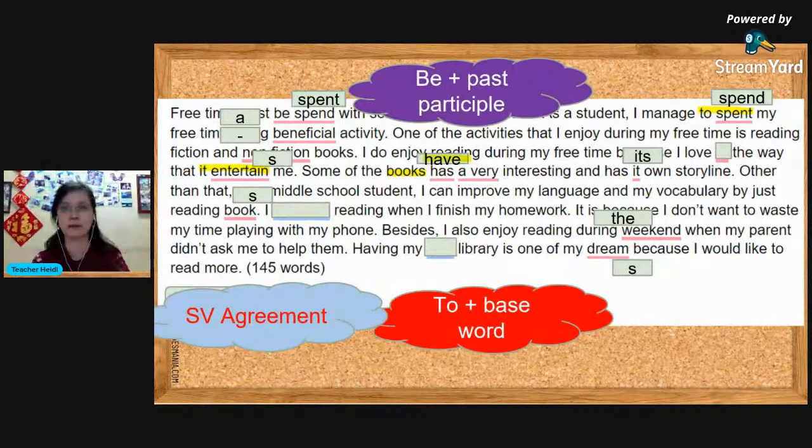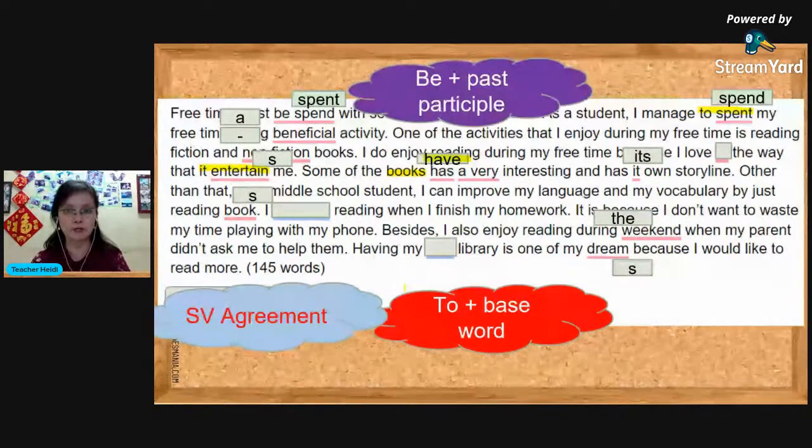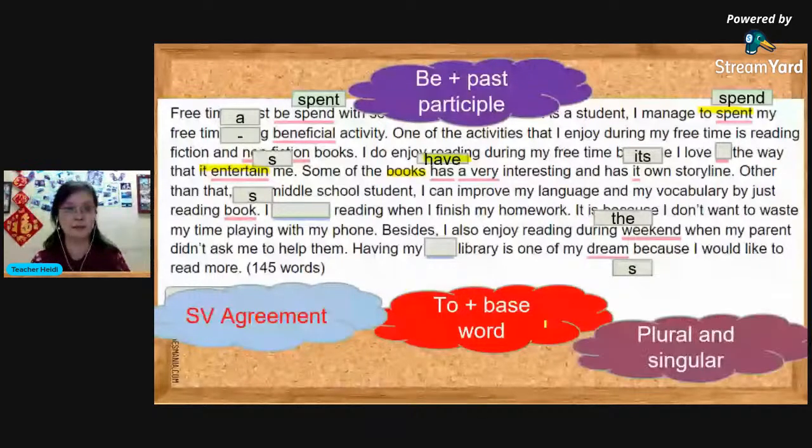So these are all subject-verb agreement. You need to agree with the subject. Then the last one, plural and singular, like this one, reading books, and this one of my dreams. You need to make sure your plurals and singulars are accurate.